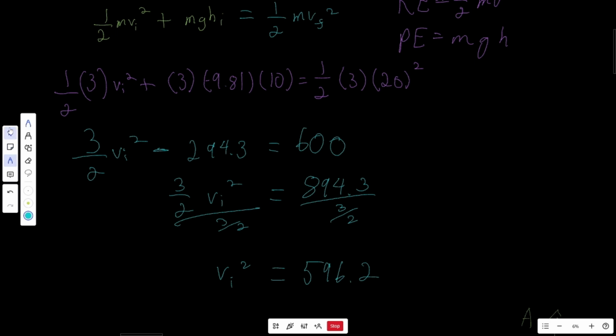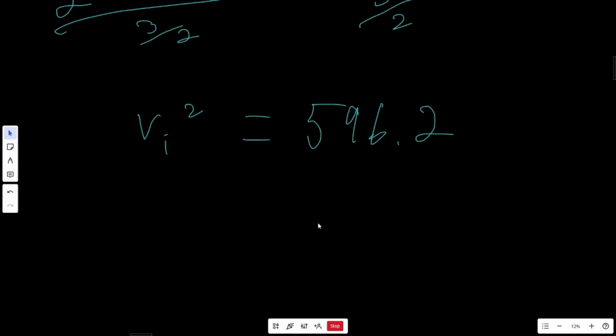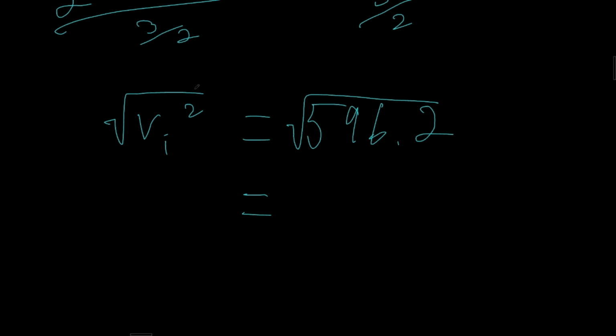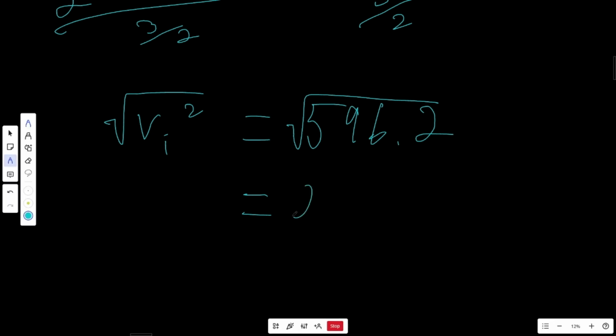Now again, we just want vi, so we're just going to get the square root of both sides. So the square root of 596.2 is 24.41 meters per second. Or actually, it rounds up to 42, so let's change this to 42. And this is our vi.